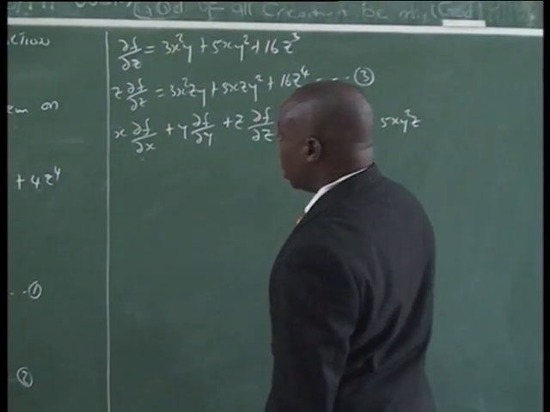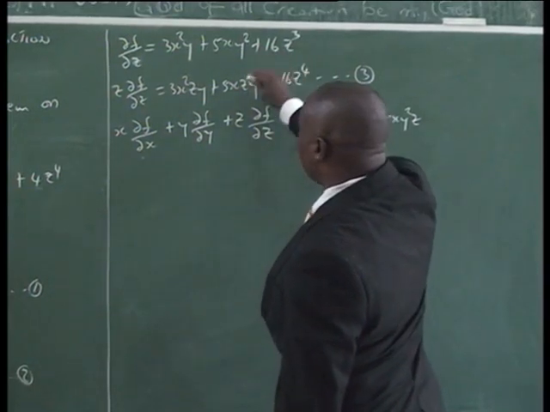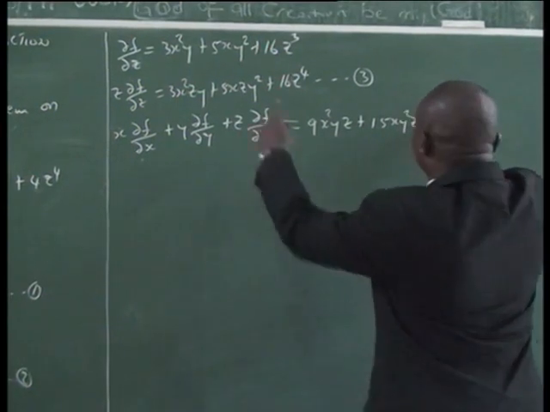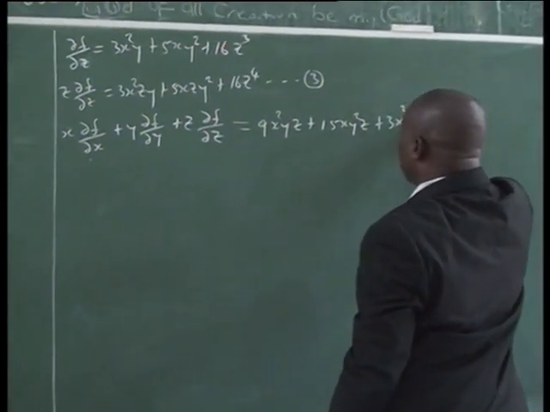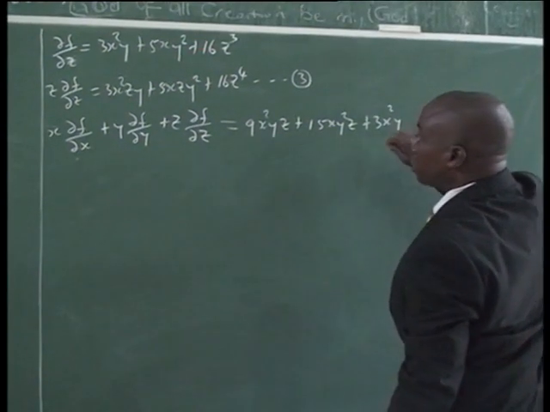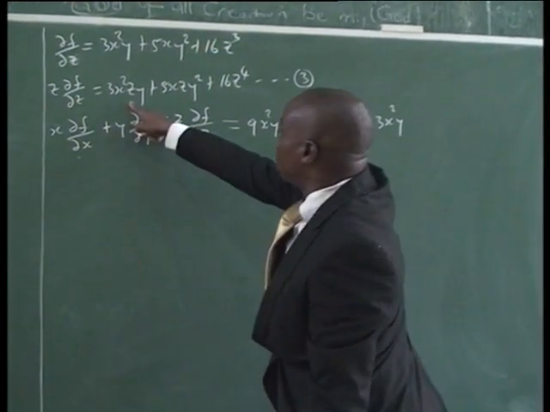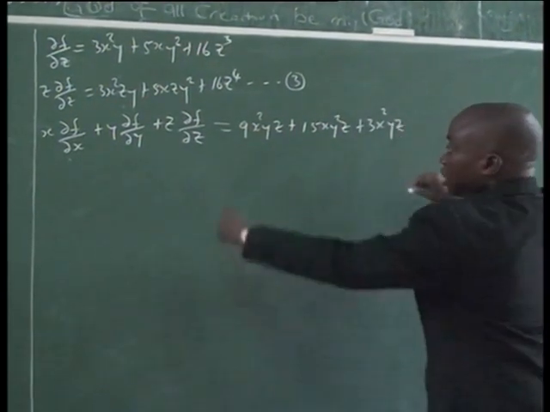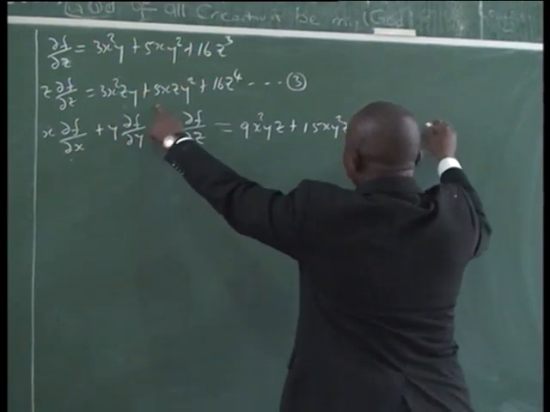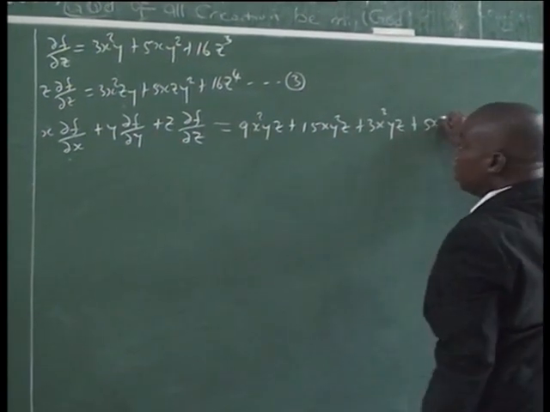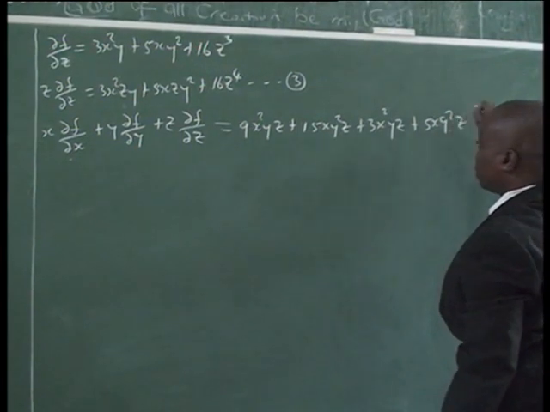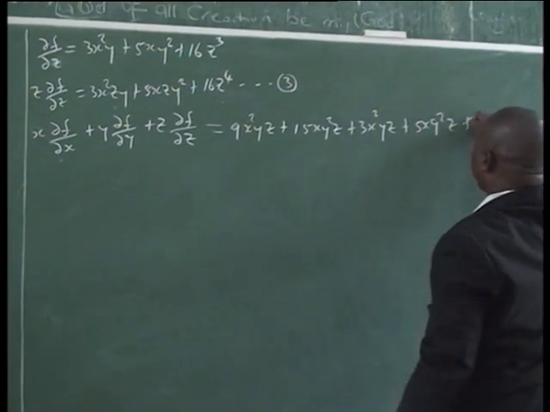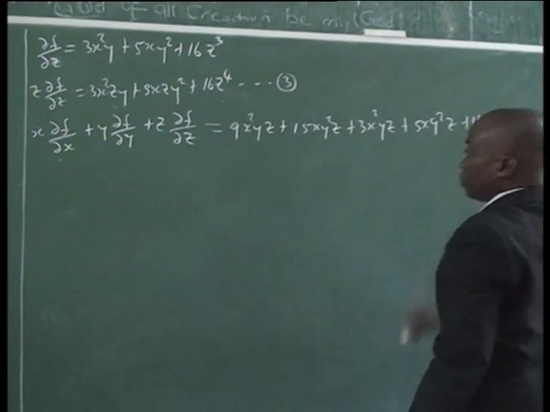Then we'll also go for here. We'll have plus 3x squared yz, that is this one, plus 5xy squared z. Then we go for here, we'll have plus 16z raised to the power 4.